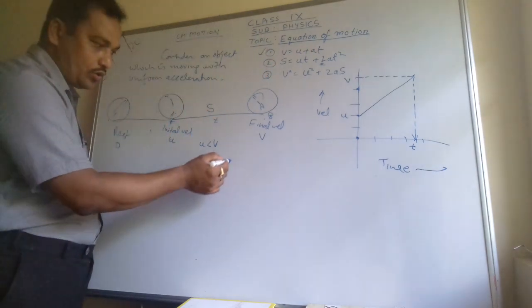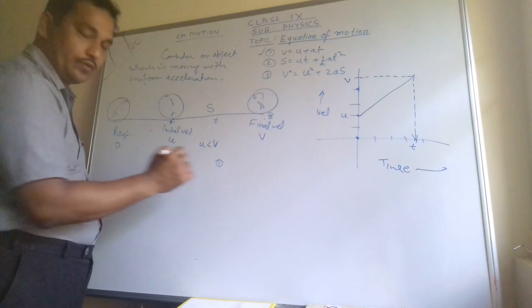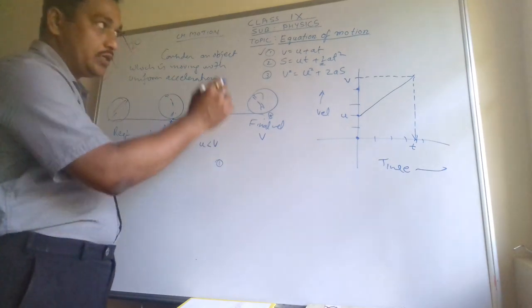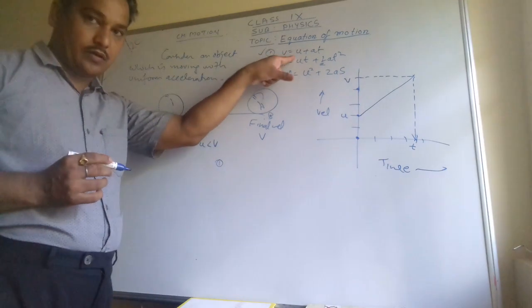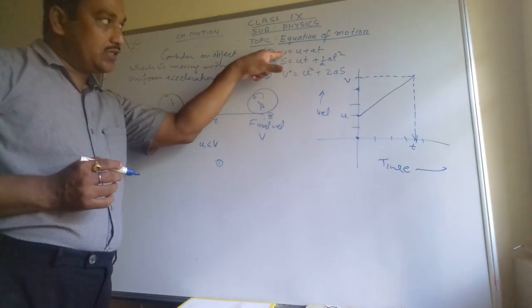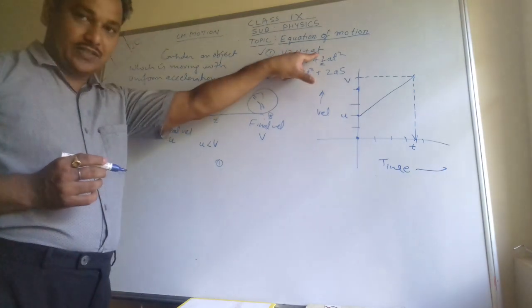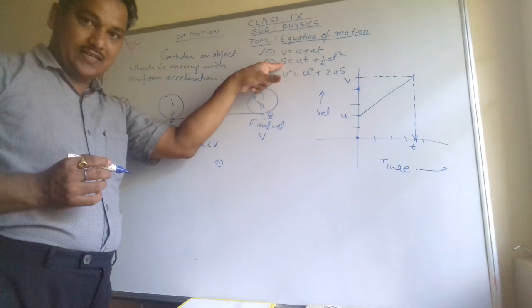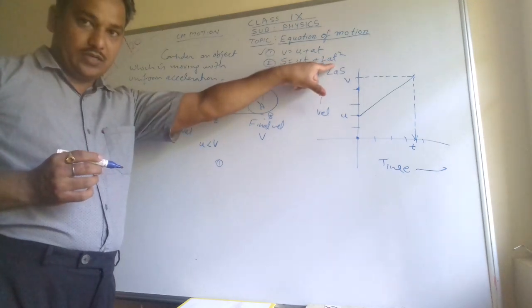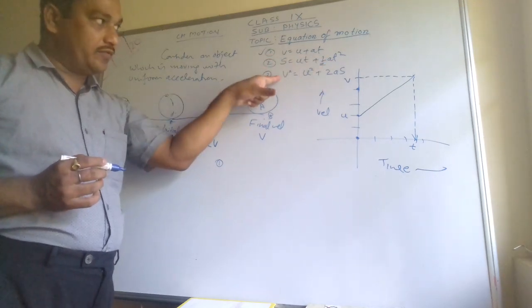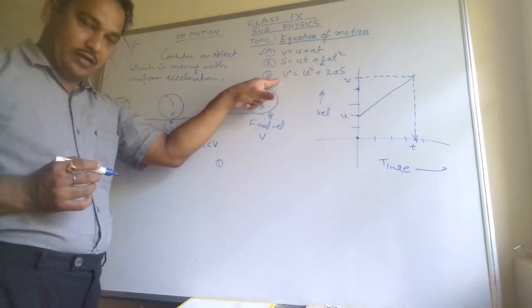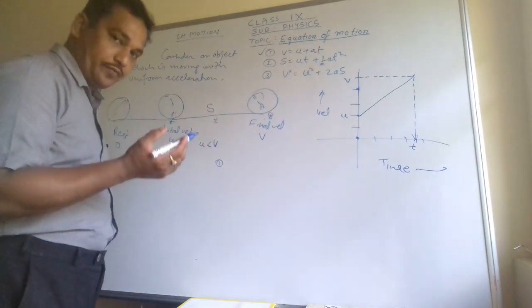First equation is called the velocity time graph, because here v is there and t is there. Here s is there, so the second is the position time graph, and the third will be the position velocity graph. So let us derive one by one.